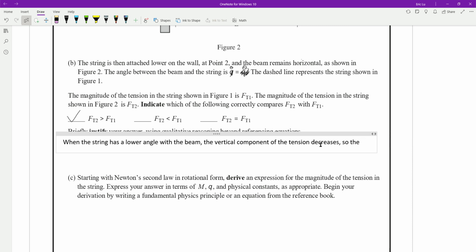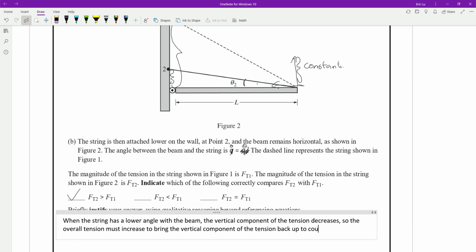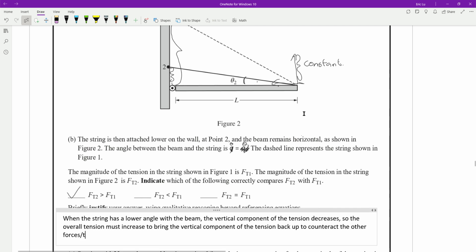So the overall tension must increase to bring the vertical component of the tension back up to counteract the other forces, or the other torques.